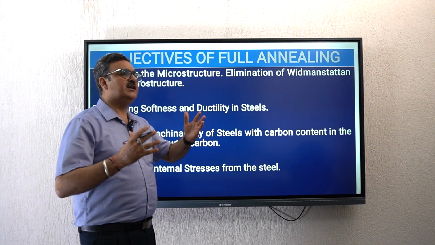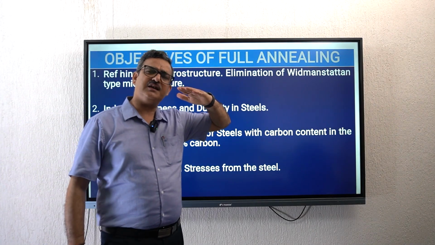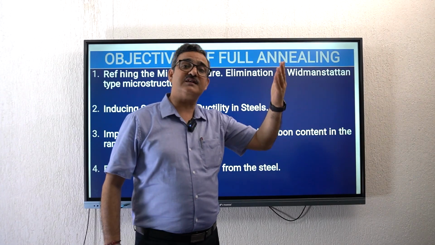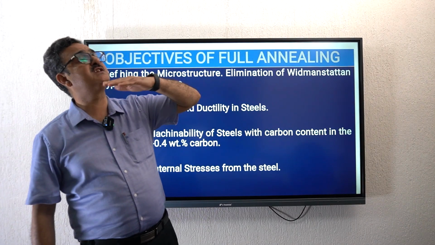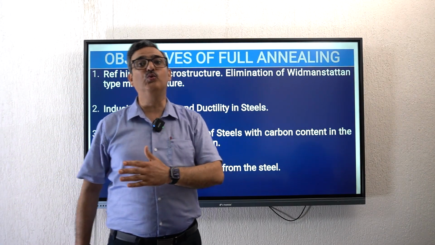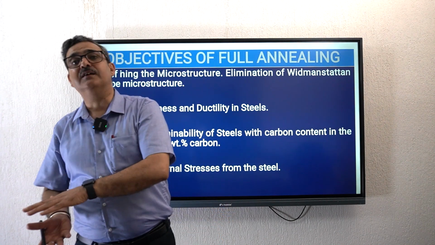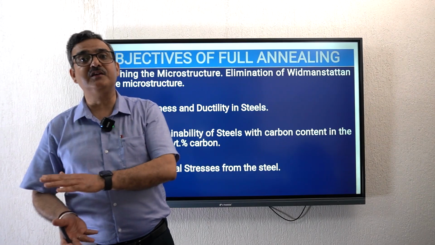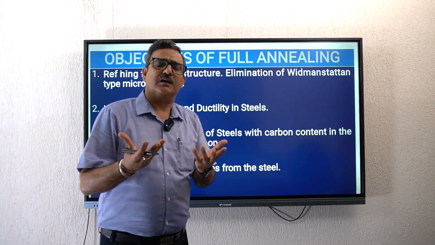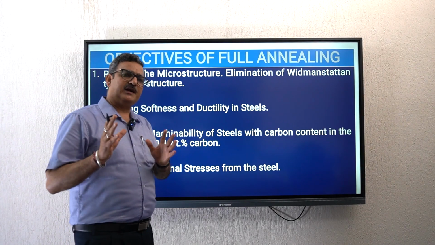For example, if in some process you took the steel for welding at a very, very high temperature, so in any manufacturing process, if the steel during the service was taken to a temperature which was very higher than its upper critical temperature, and then the steel was allowed to cool, the cooling was fast but was not fast enough to pass the quenching cooling rate, right, critical cooling rate, then a very complicated type of a microstructure gets formed in the steels, which is called Widmanstatten structure.